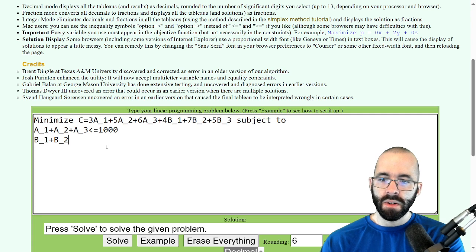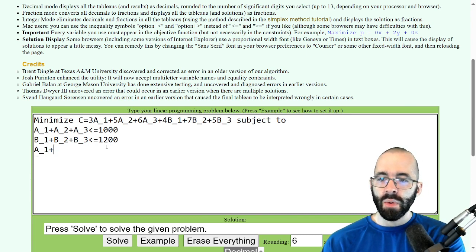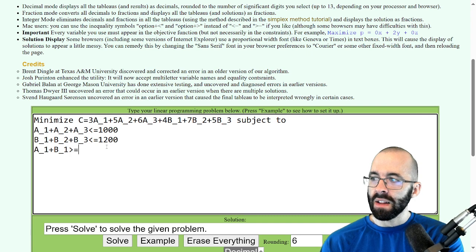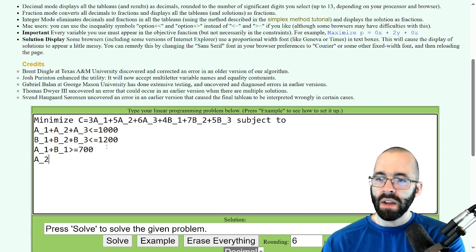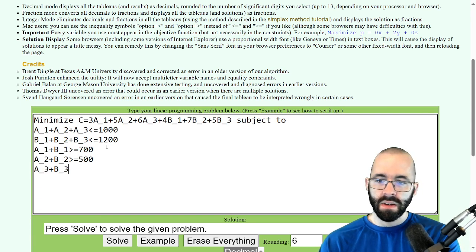B1 plus B2 plus B3 less than or equal to 1,200. You might be able to get away with this without the underscores too. A1 plus B1 at least 700. A2 plus B2 at least 500. A3 plus B3 at least 600.